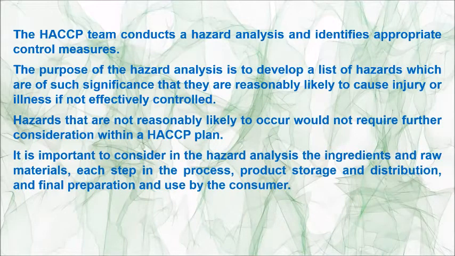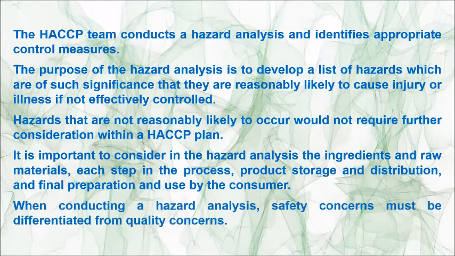At every stage we need to think about what kind of hazard could be there, identify hazards, and start preparing what kind of action and control measures we are going to adopt at these stages.